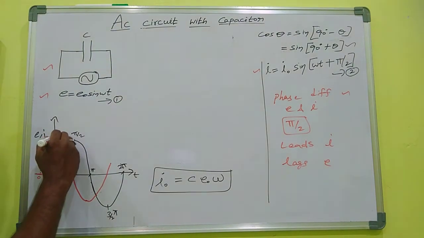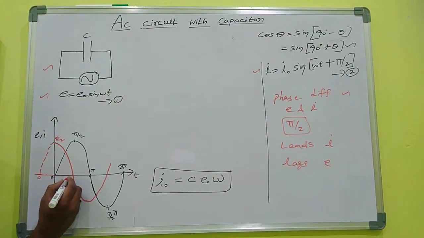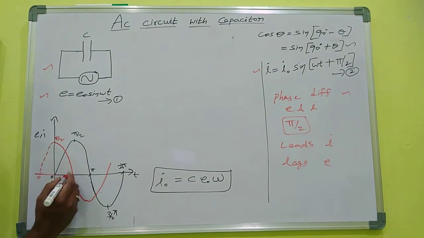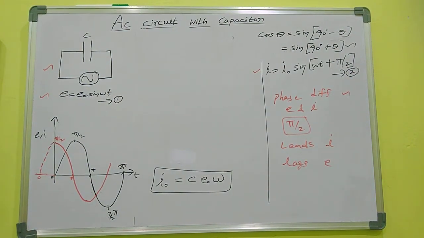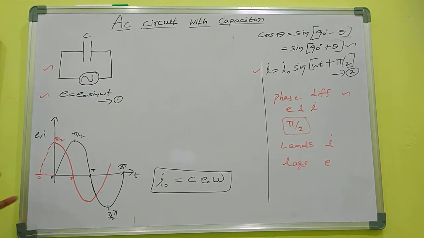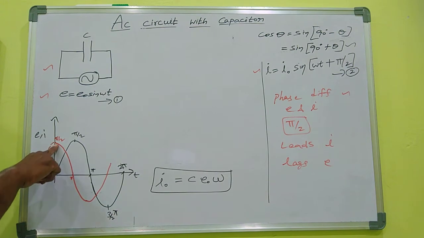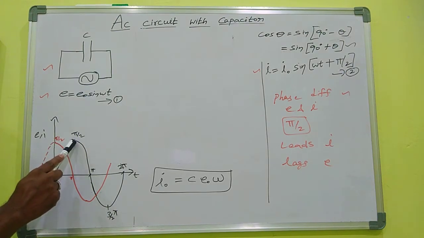So this is pi by 2 for current, and this is 0, pi, 2 pi. Yeah. So there is a phase difference between the EMF and the current. Here the current is maximum. Here the current reaches its value I0. I0 is here. E0 is here.